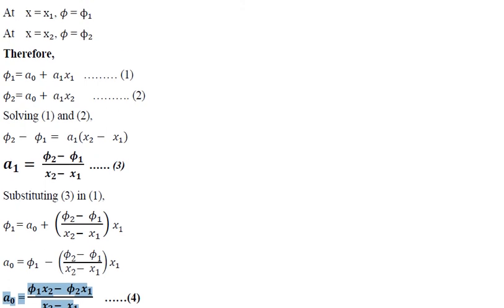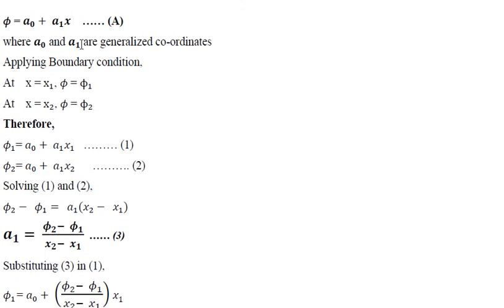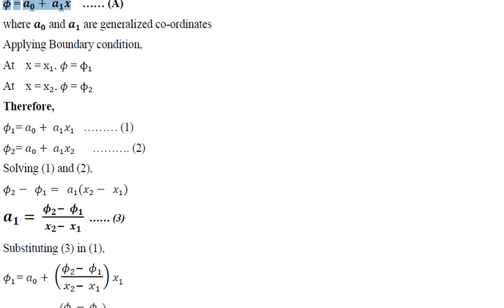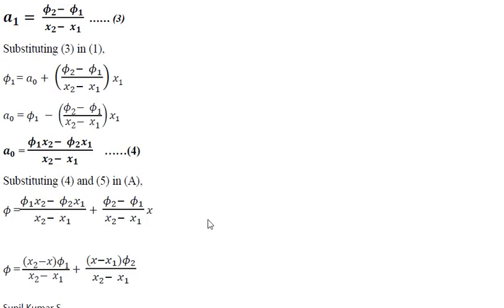We have to substitute those expressions in the assumed trial displacement function. In place of a0 we have substituted this, x remains as it is, and in place of a1 we have substituted this.